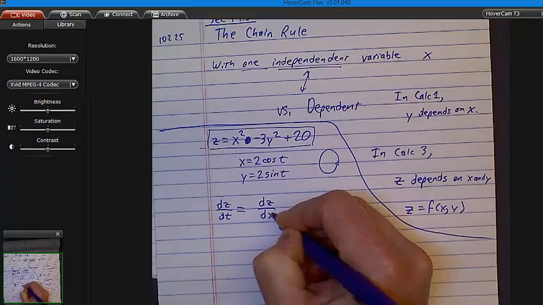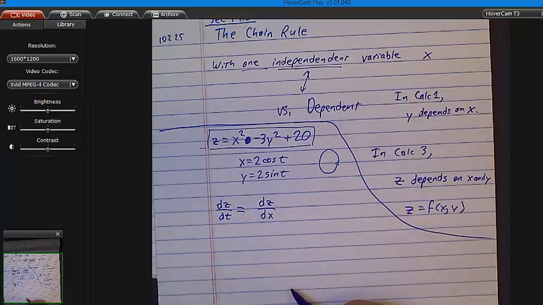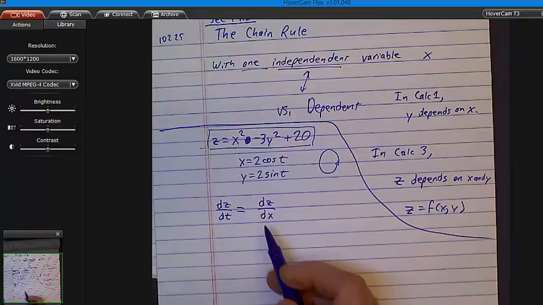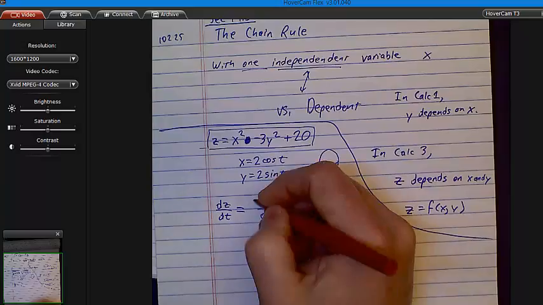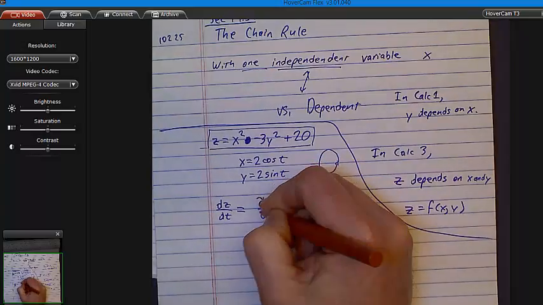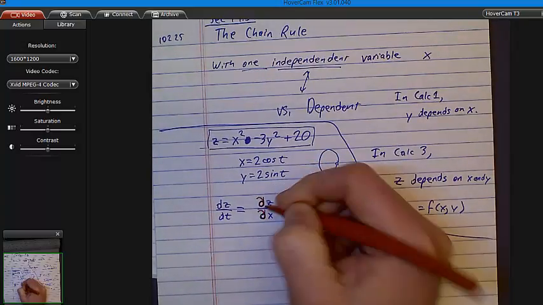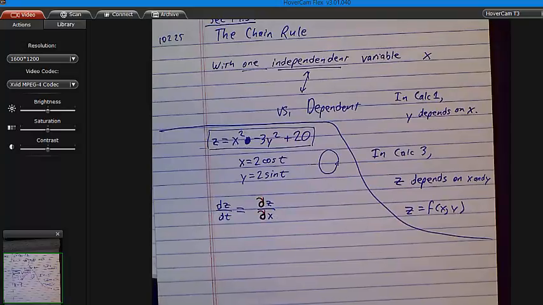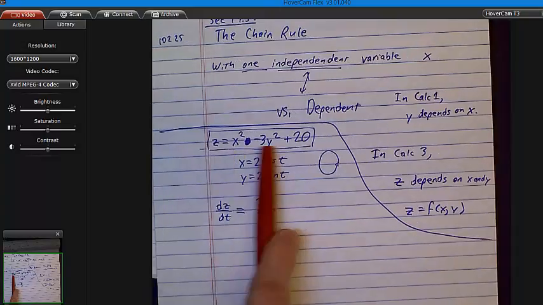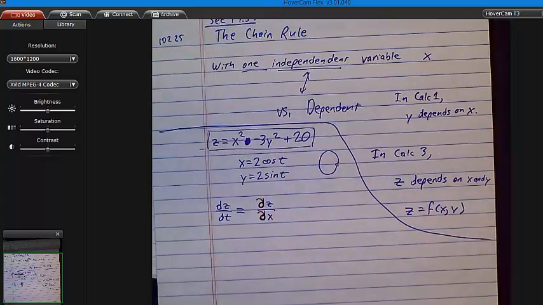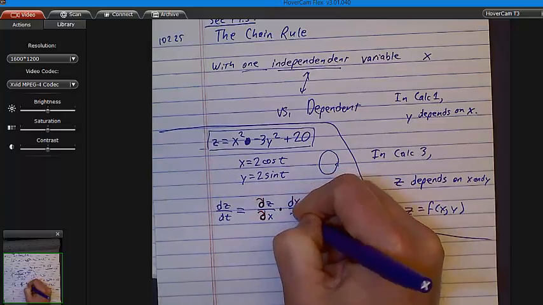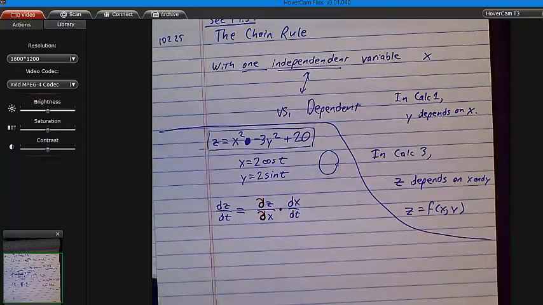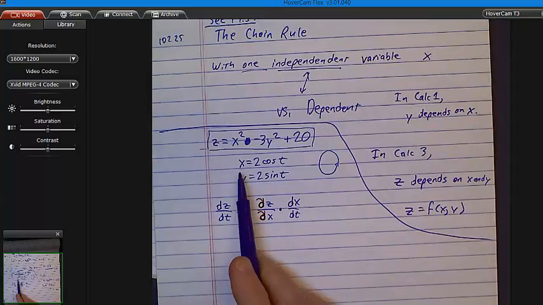dz dx. Oh, wait a minute. I just screwed up. I'll show you what I screwed up. This must be written as a curly d, because this is what kind of derivative? It's a partial derivative. How do I know it's a partial derivative? Because z is a function of more than one variable. Times dx dt, those should be written with regular d's because x is a Calc 1 function.